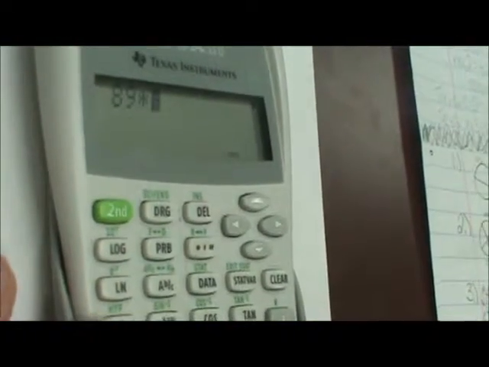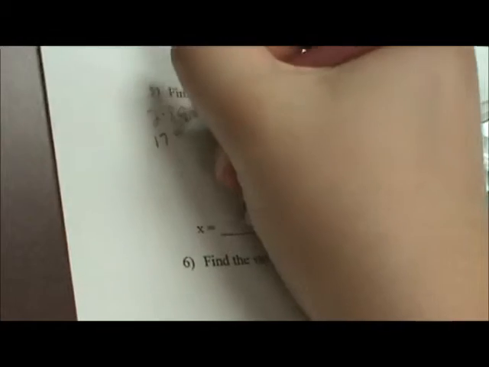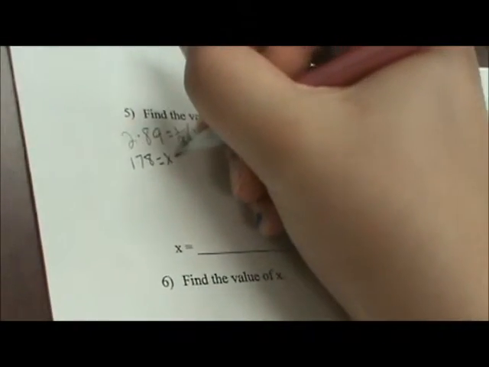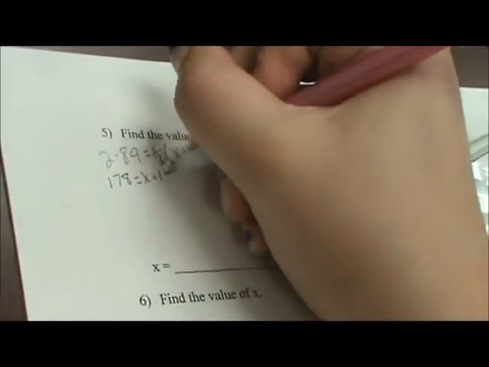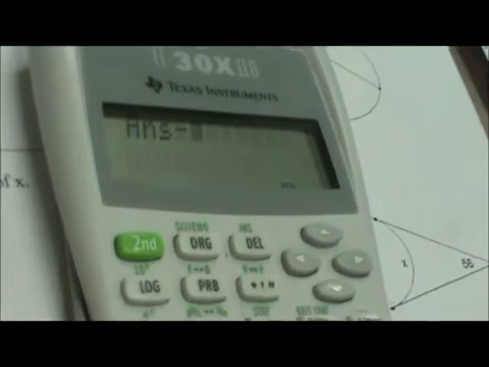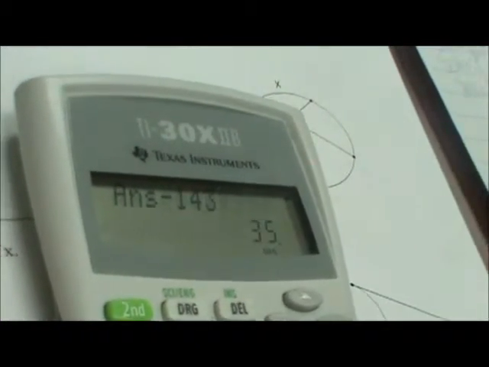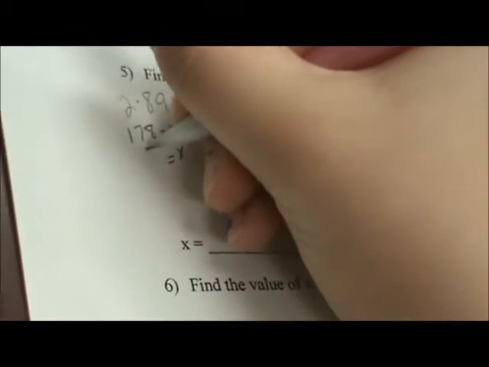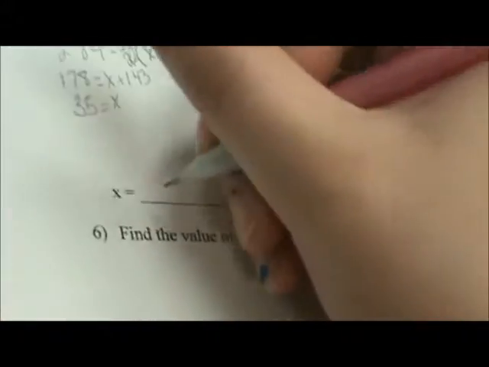So 2 times 89 is equal to 178. So 178 is equal to x plus 143. You need to take 178 minus 143 to get 35. So x is equal to 35. So 35 is your answer.